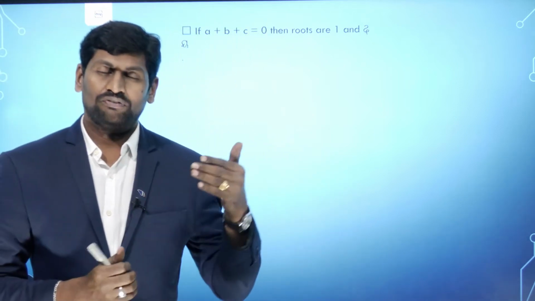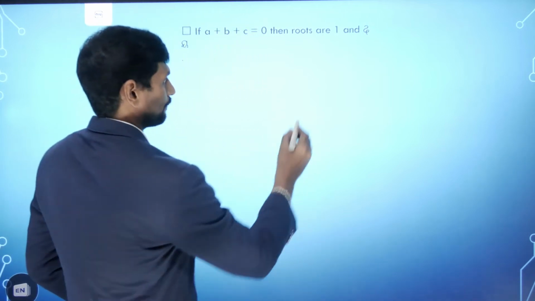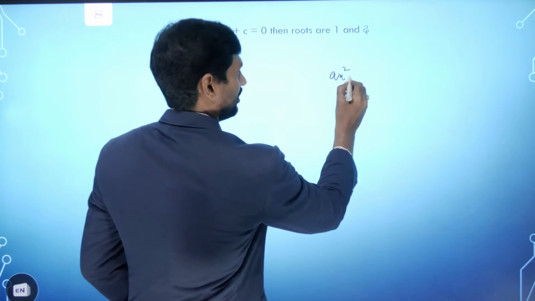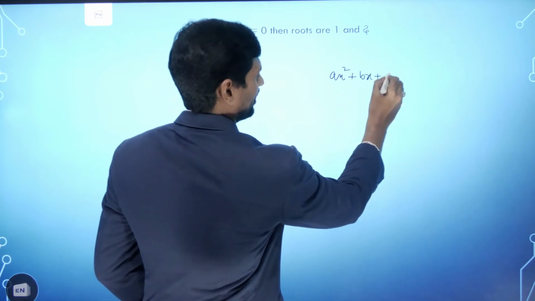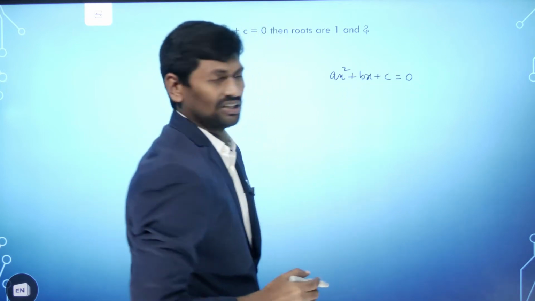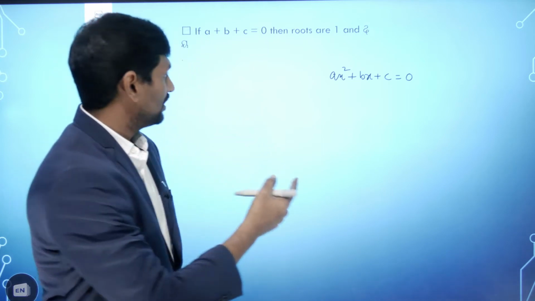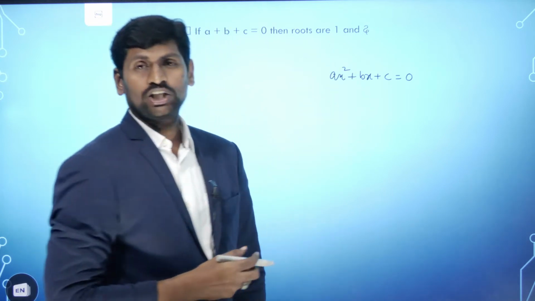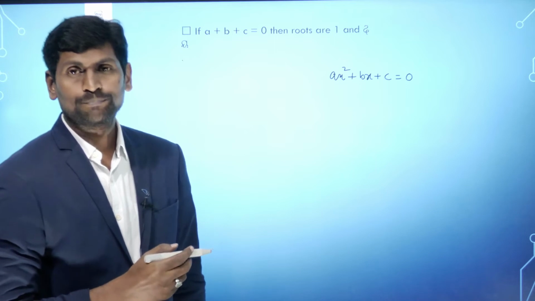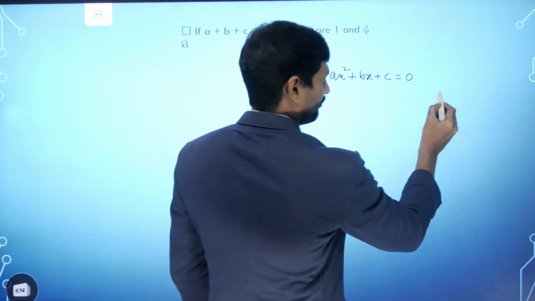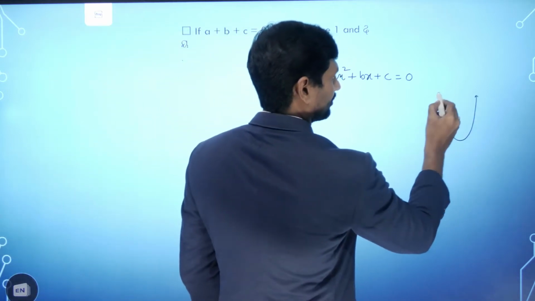Before that, let us revise: ax square plus bx plus c equals 0 is the general form, right? I think in the very initial stage we discussed this concept. While you are drawing the quadratic equation on graph sheet, that graph gives you the shape of a parabola, right?